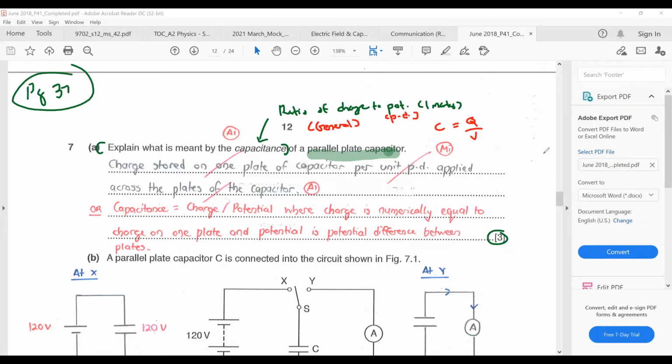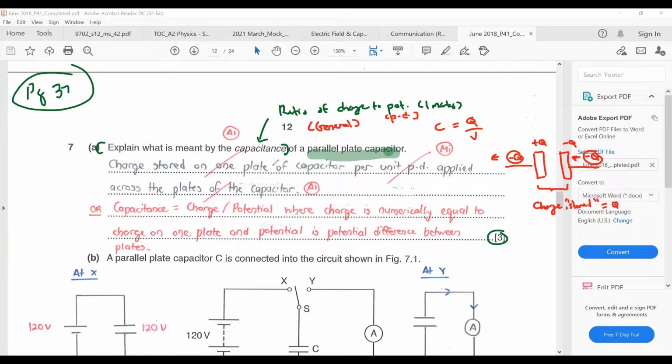Because if you're talking about your capacitor, if you have a charge of negative Q coming here, this plate will become negative Q. And if a charge of negative Q is repelled away, this plate will become positive Q. So strictly speaking, the charge that is seemingly stored on your capacitor is actually just Q itself.